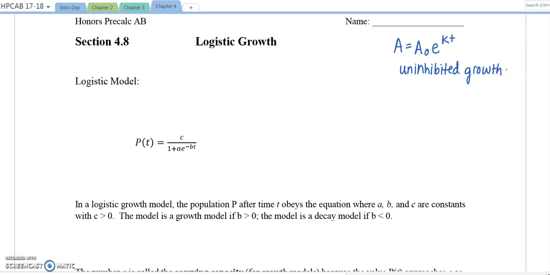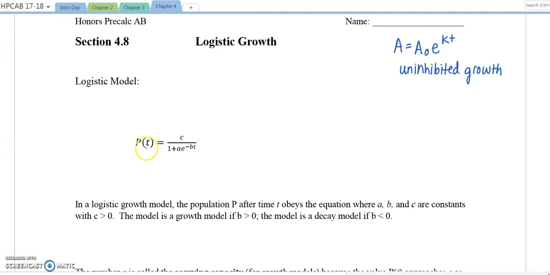But we know that in general there are factors typically restricting the growth, like space to grow or food supply. And that's where the logistic growth model comes into play. The logistic growth model takes those into account, and basically it recognizes that there's an upper limit to the growth.